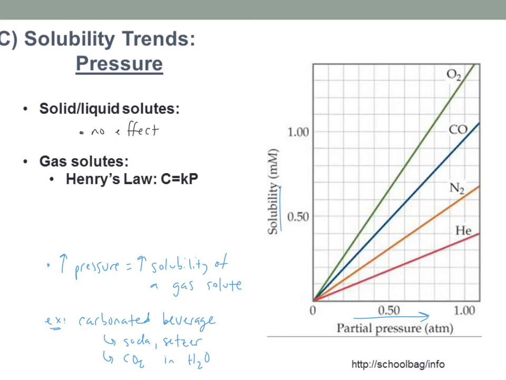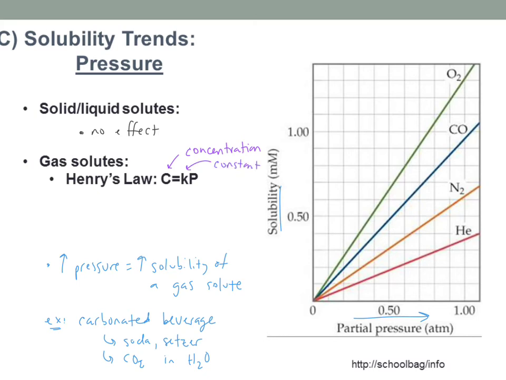This can also be expressed in what's called Henry's law. I don't care too much that you memorize the name of Henry's law, but in Henry's law, the C stands for concentration, and the K is some constant.